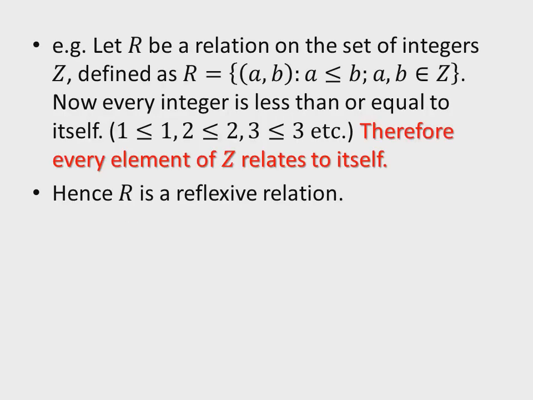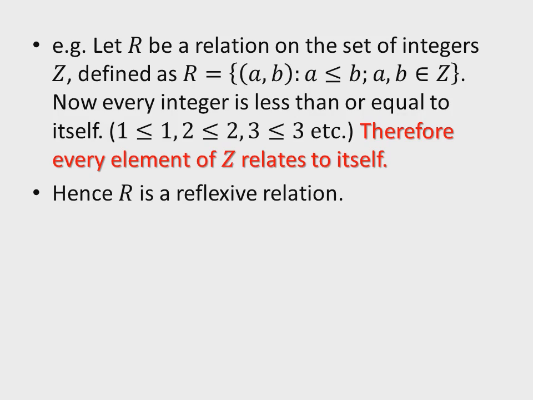Consider the set Z of integers, and a relation R is defined on the set of integers as aRb, meaning a relates to b, if and only if a is less than or equal to b. Means an integer will relate to another integer if and only if it is less than or equal to that integer.